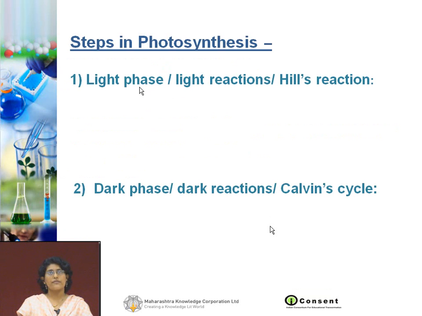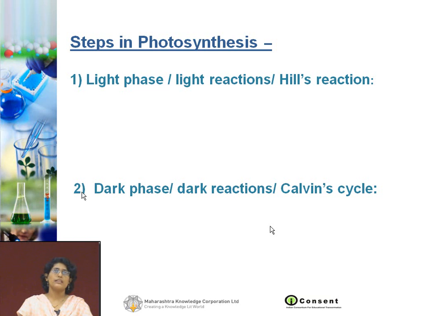The first one is the light phase, also called light reactions, or light dependent reactions, or Hill's reaction. The scientist Hill first observed these reactions and proposed how they take place. Hence, to honor him, this step is also called Hill's reaction.